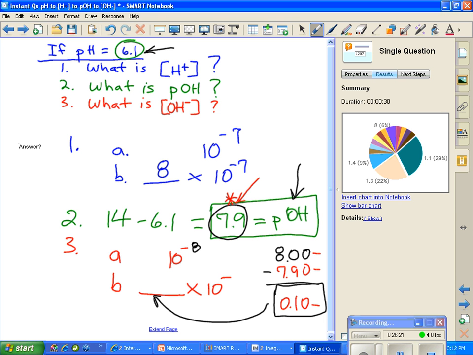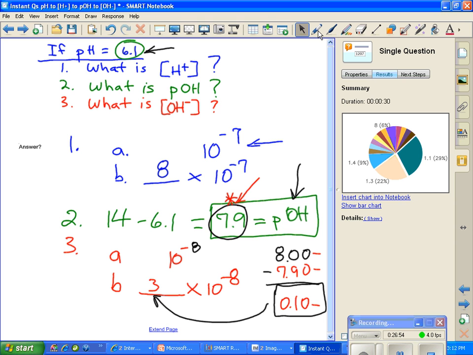So you could call this a 3, or you could call it a 4, and the power of 10 would be 10 to the minus 8, and that would be the concentration of the hydroxide ion. When you add up the powers of 10 for the concentration of the hydroxide ion and the hydrogen ion that we got up here, you will notice they come very close to 14.